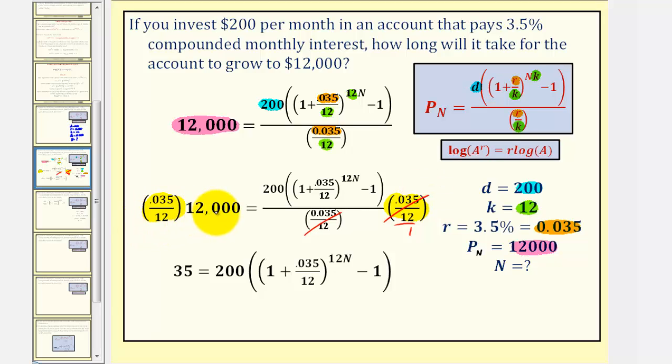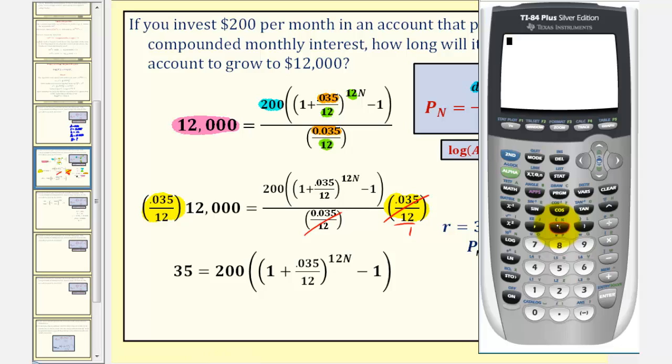And this fraction times 12,000 equals 35. Let's just verify that. We have 0.035 divided by 12, and then times 12,000. So that's where the 35 came from.